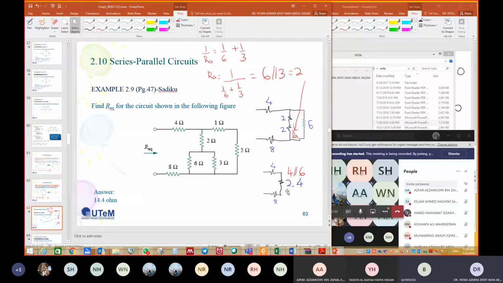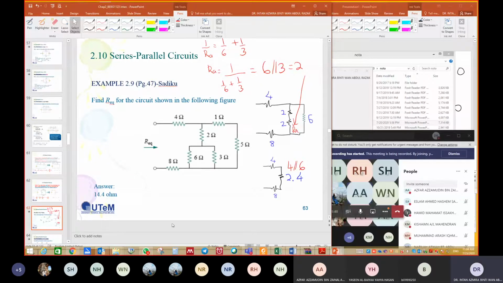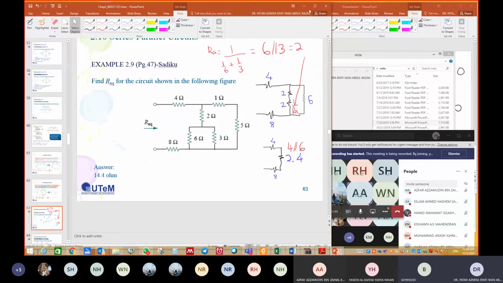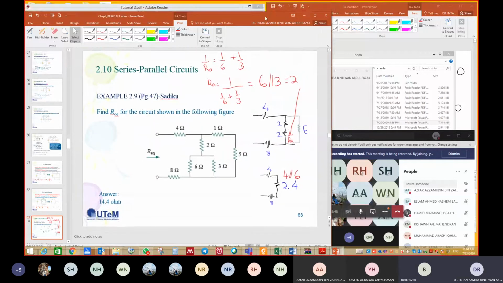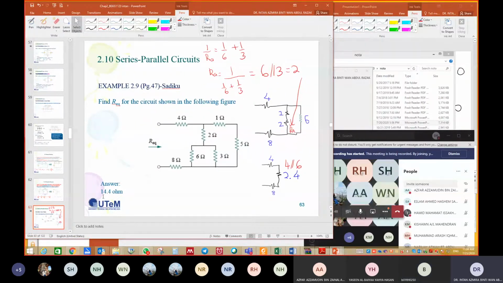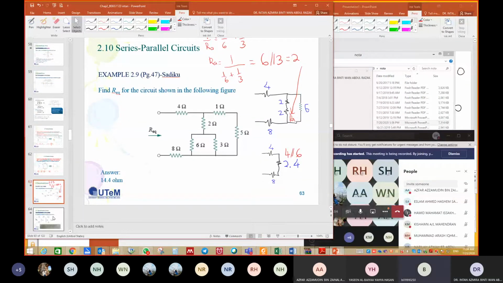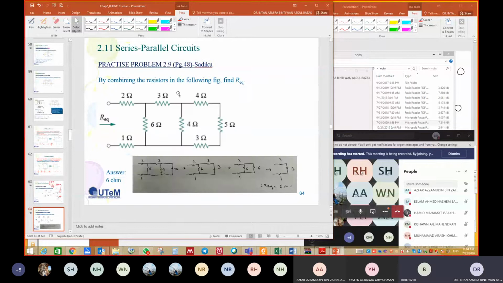And then 2.4 plus 4 plus 8. Did you get 14.4? Yes. Okay. Did you get the R total of this circuit? It is 14.4. Get the answer right. Okay, next.